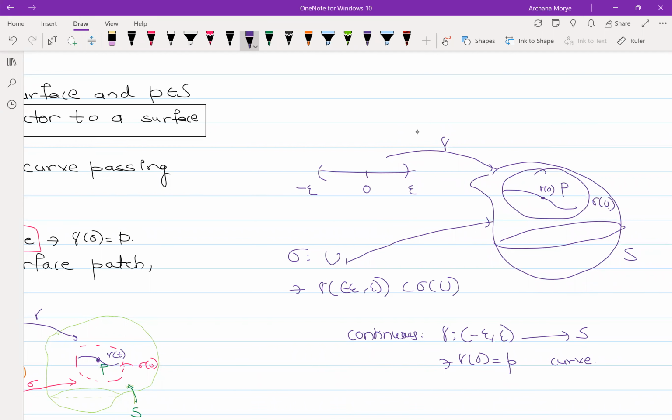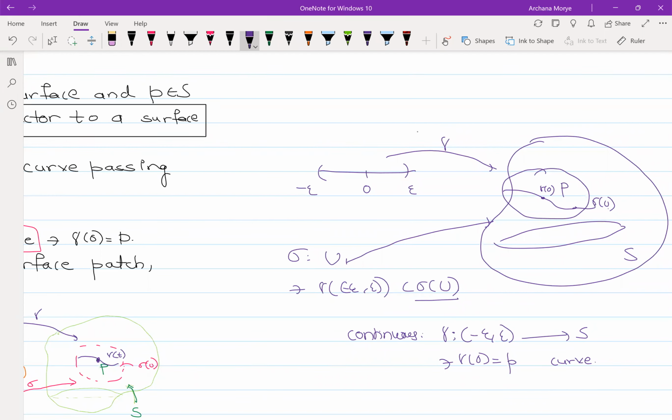If it is big, you just take an inverse image and make it smaller. Are all of you okay with assuming that the image of gamma lies inside the surface patch sigma U? Yes, ma'am. Okay.